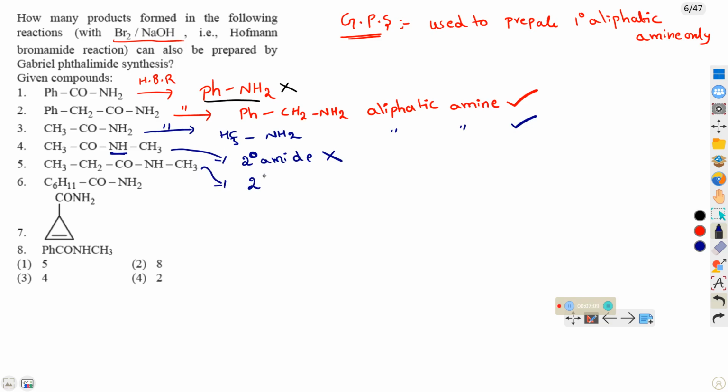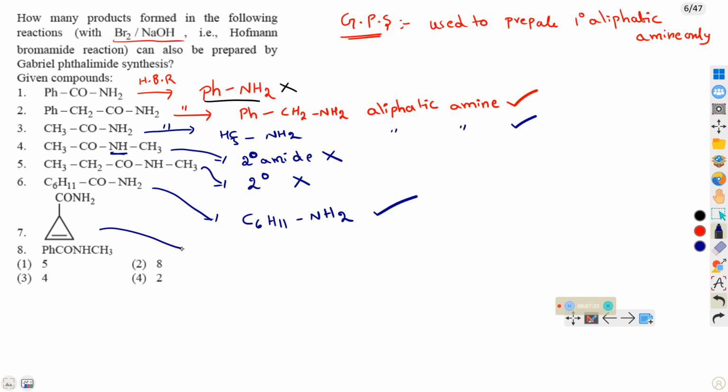This is also a 2-degree amide. Not participate. Secondary amides do not participate. C6H11CONH2 participates in Hofmann reaction and it gives C6H11NH2. It can be prepared by Gabriel phthalimide synthesis also.